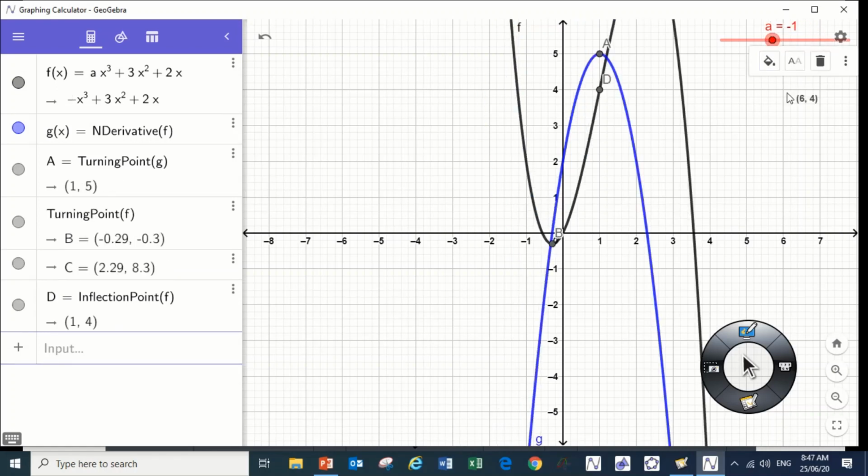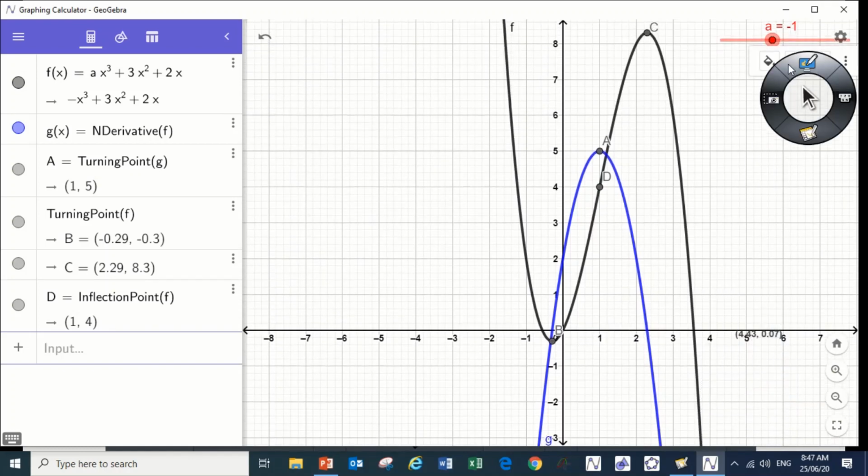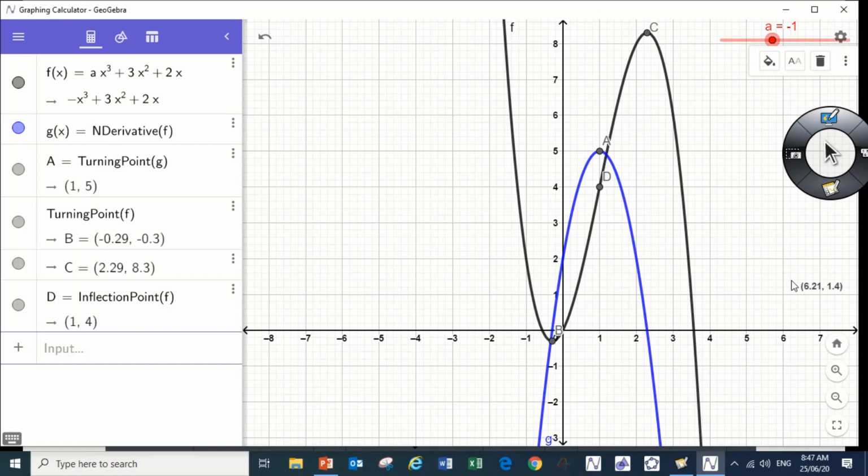Okay, let's make it negative. If I make it negative, like that, I'm talking about the value of a, right? Now, the shape has changed. Let me bring it down so that it can come out clearly. Now your cubic graph is concave up, then concave down. Now, when a was positive, we had a minimum turning point for the quadratic.